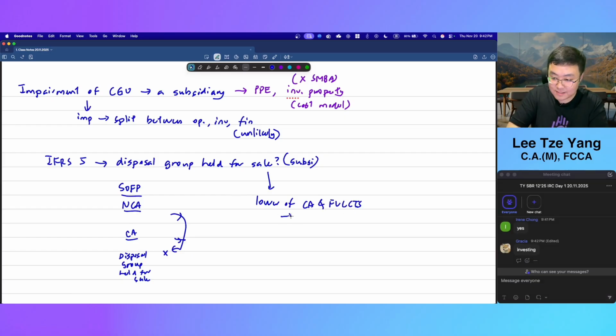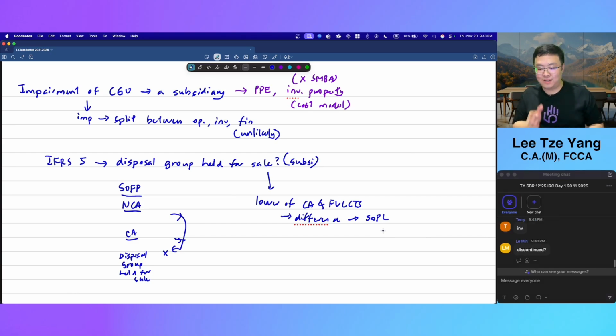And then the difference goes to SOPL. The question is where? Operating, investing, or financing. Then some people start to think already. What if no discontinued operation? It is possible that this disposal group held for sale is not discontinued, you know. If discontinued, I agree it goes to discontinued. That one, no problem. What if it is not discontinued? What if it doesn't fulfill the discontinued operation?